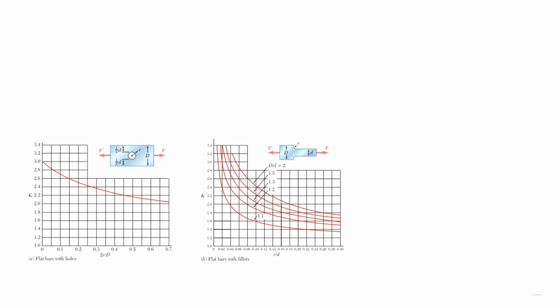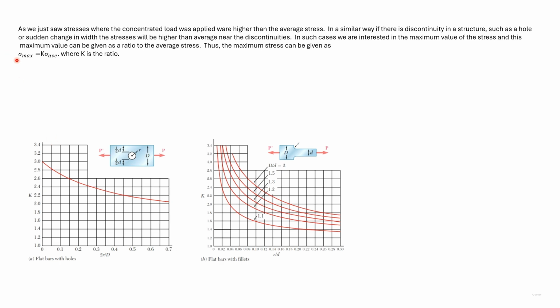Stress concentration is denoted by K. Hence, in this equation, if we know the average stress and if we know the value of K, we can find out the maximum stress.